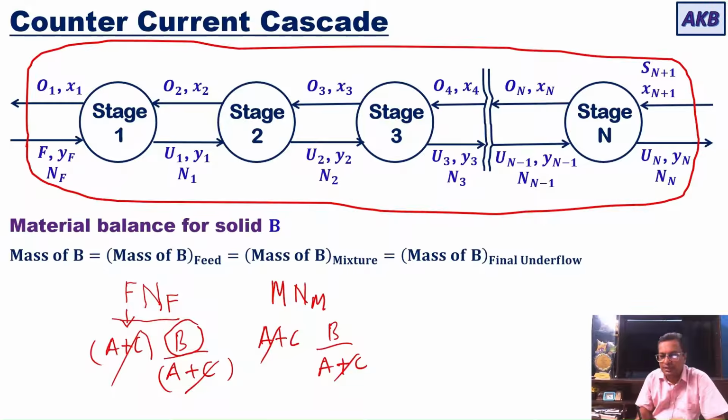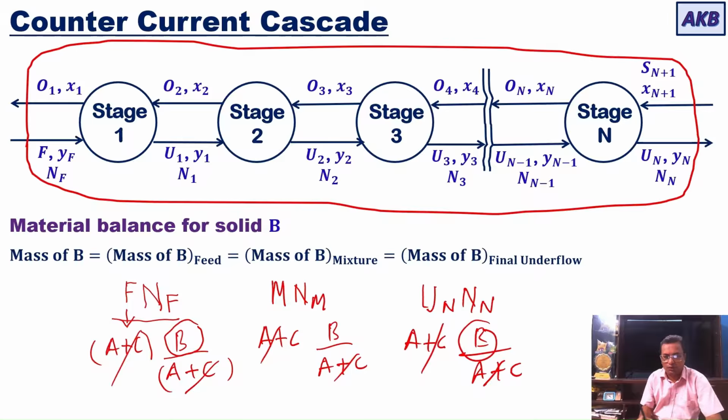Similarly, mass of B in the final underflow will be obtained if you take the product of UN into NN. UN is A plus C and NN is B upon A plus C. So A plus C gets cancelled, and you are left with mass of B in the final underflow. That's why the material balance for solid B will be written in this way.